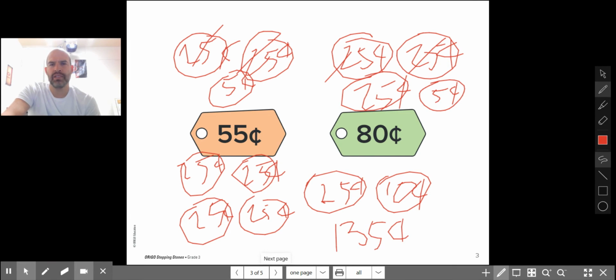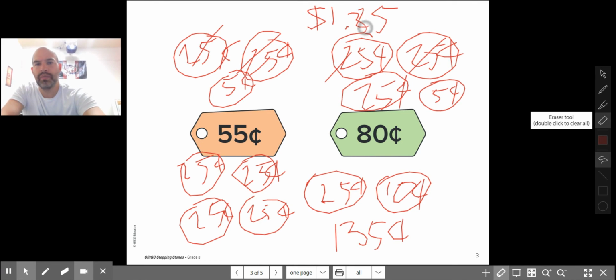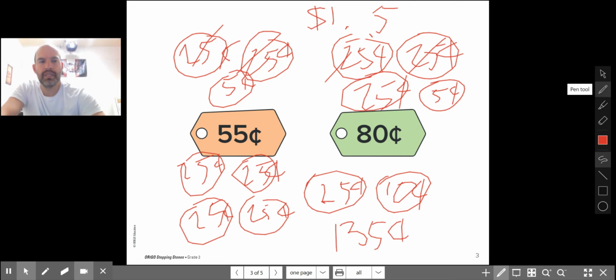What if we represent it as dollars and cents? We would put our dollar sign, put 1, and then we put what's called a decimal point, and then, oops, sorry, that's a 3, right? 35. Sorry, that got a little messy. Let me clean that up there for you guys. I didn't mean to make that confusing. There we go. $1.35. Okay?